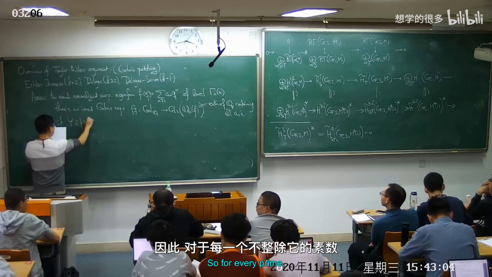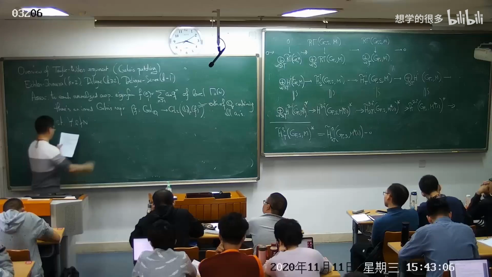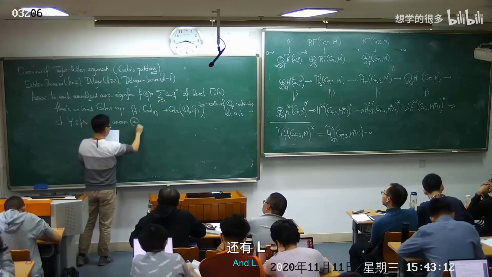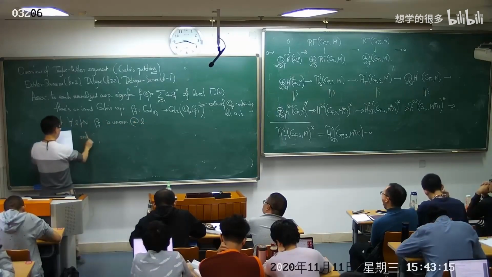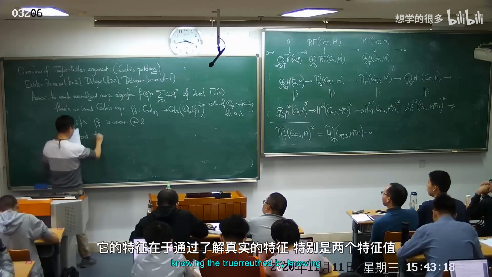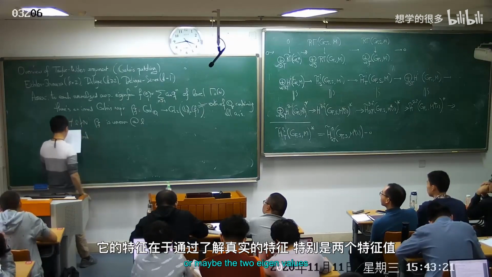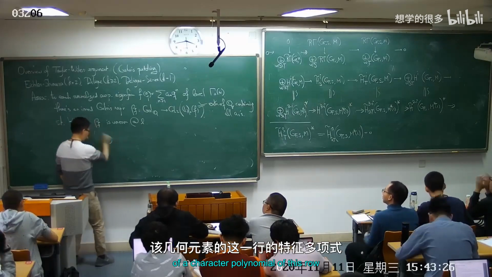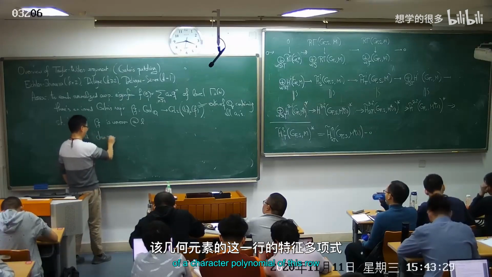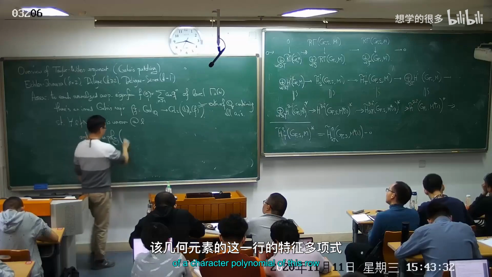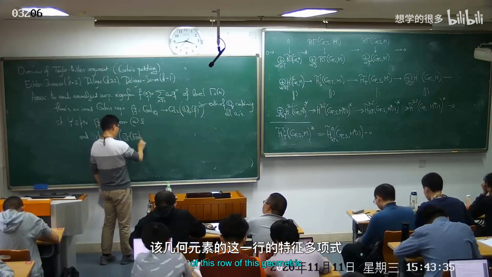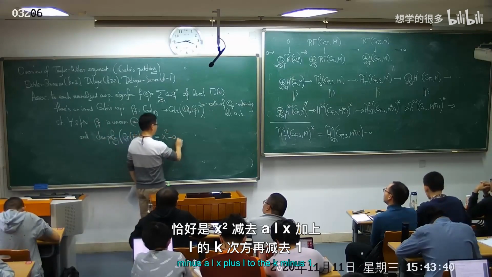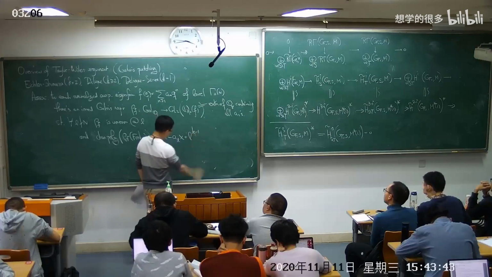So for every prime l that does not divide n, your Galois representation is unramified at l, and it's characterized by knowing the trace, or maybe the two eigenvalues, or maybe a characteristic polynomial of this rho f of the geometric Frobenius element, which is precisely x squared minus a_l x plus l to the k minus 1.